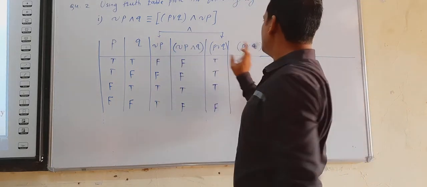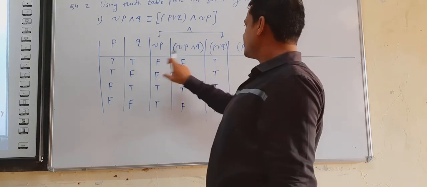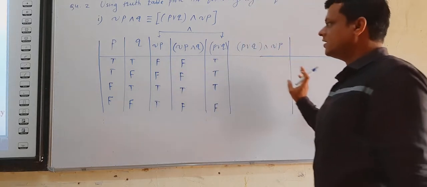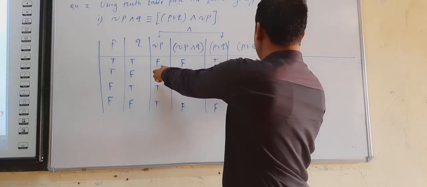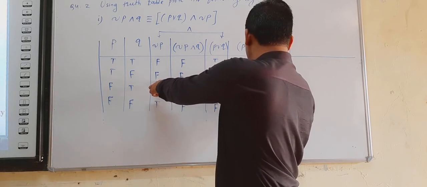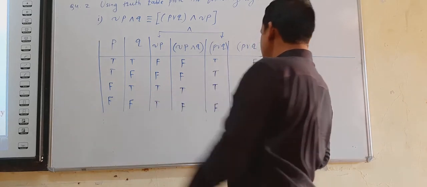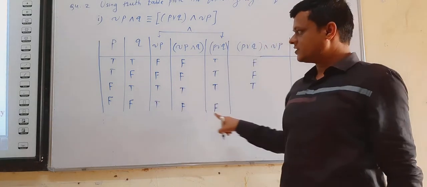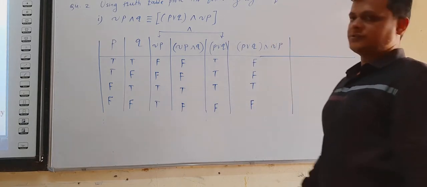Again in conjunction, if both the statements are true, then its result is true, otherwise false. Here both the statements are not true, therefore its result is false. Here both are not true, therefore false. Here both are true, therefore true. Here both are not true, therefore false.